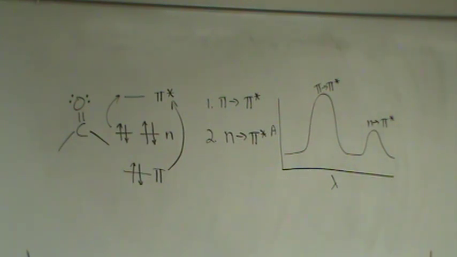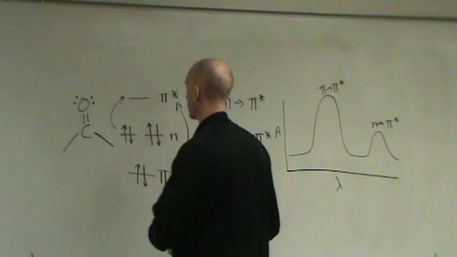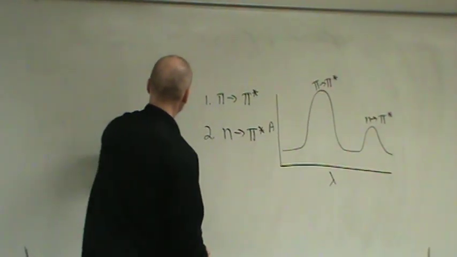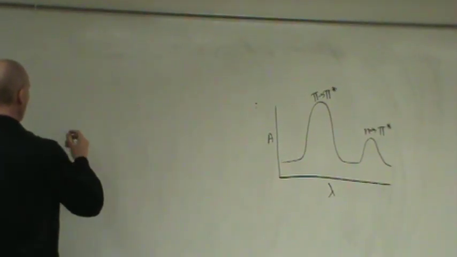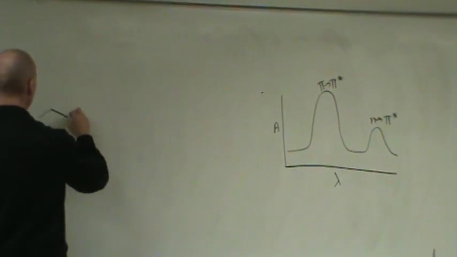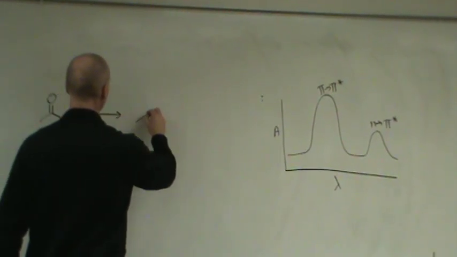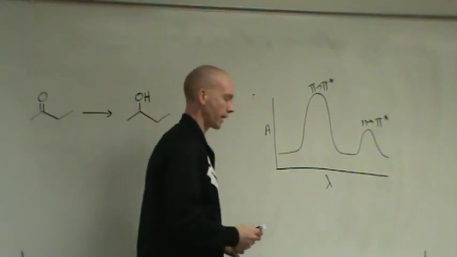How could we apply this to chemistry in terms of doing chemical reactions? Because that's what a large part of organic chemistry is. Let's take a look. Let's suppose we did a reaction like this here.